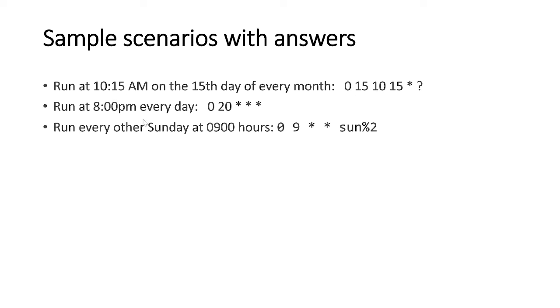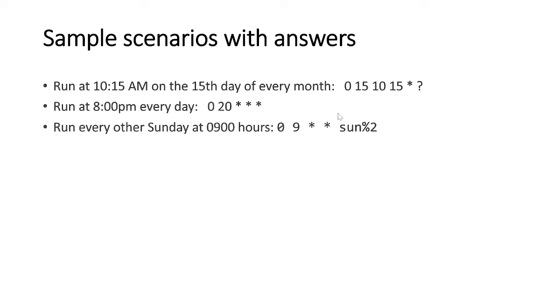The third one is run every other Sunday at 9 hours. This is a very unique scenario. You want to run it every other Sunday, which means an alternate Sunday.